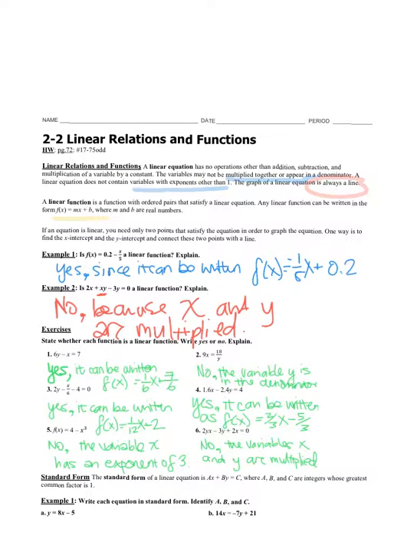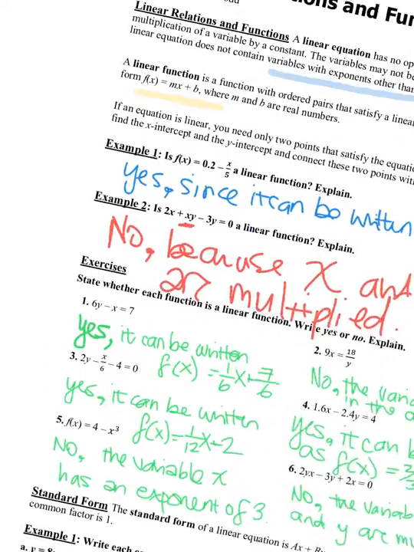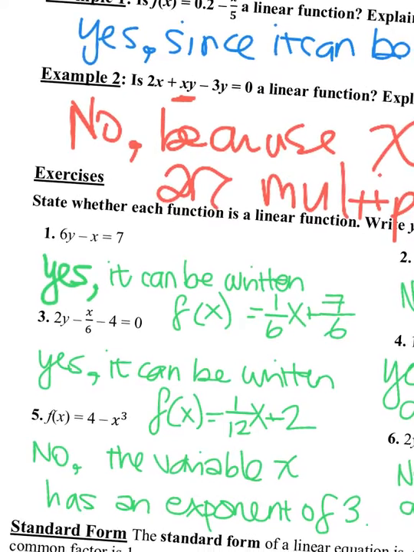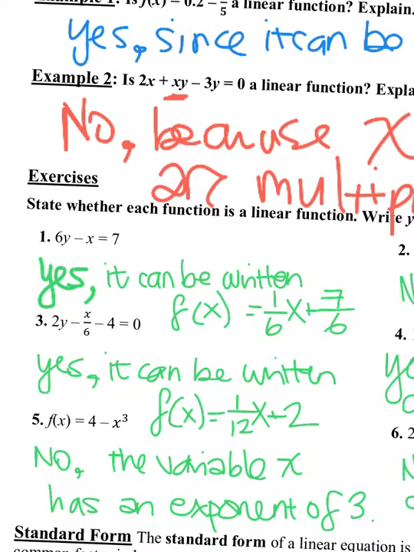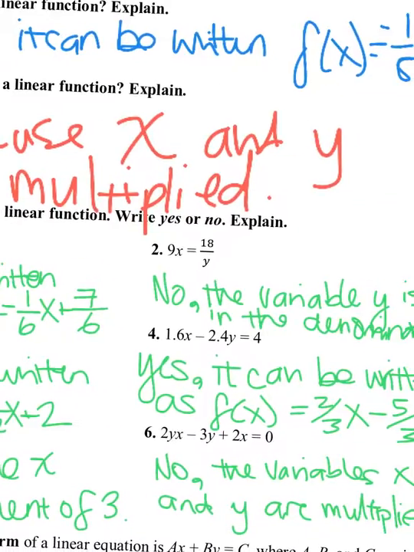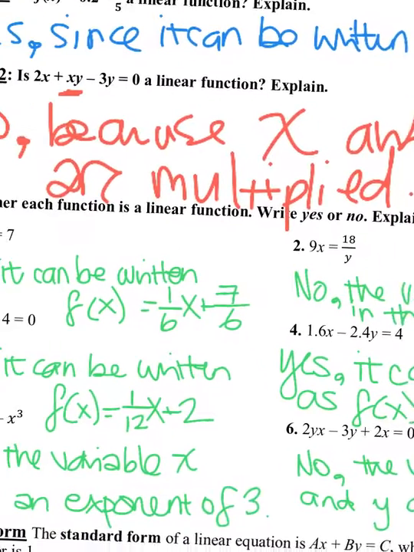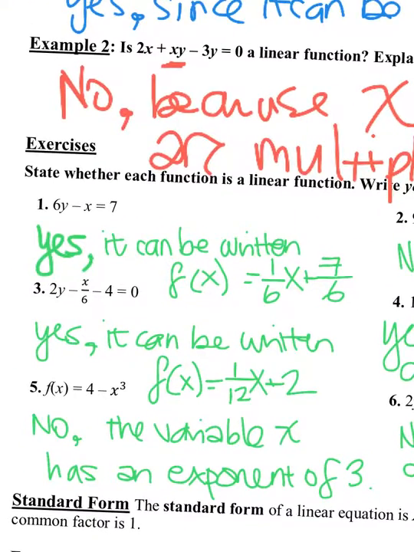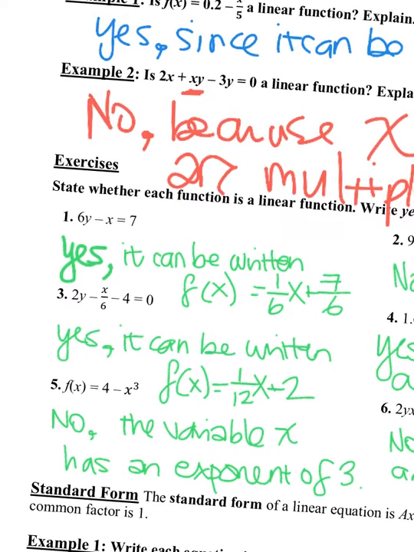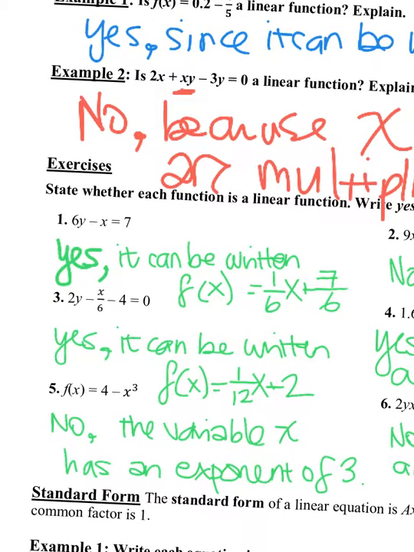Here are the answers for exercises 1 through 6. Number 1, the answer is yes, it can be written as f(x) = 1/6 x + 7/6. Number 2 is no, since the variable y is in the denominator. Number 3 is yes, it can be written as f(x) = 1/12 x + 2.